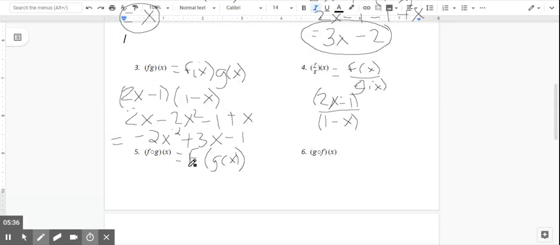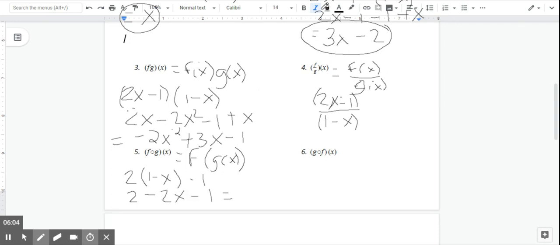So what that will look like is if we take our f function, which is 2x minus 1, and leave a parenthesis where the x is, we're going to fill the parenthesis with g of x, which is 1 minus x. And then we simplify. So first we'll distribute. We get 2 minus 2x minus 1.